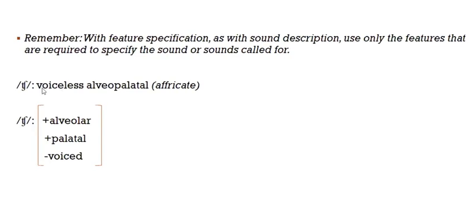Like in this case, I already told you about the affricate sounds. Voiceless, this is voiceless, right? Alveopalatal. With this, you will immediately realize that there are only two alveopalatal affricates. One of them is voiceless and the other one is voiced. I am specifying that this is a voiceless one, so nothing else is necessary. So affricate, simply delete.